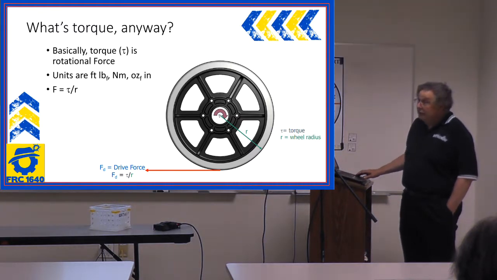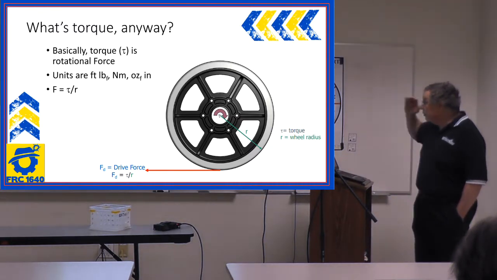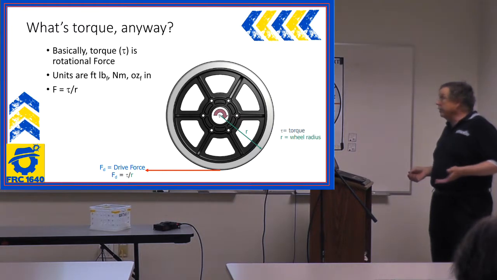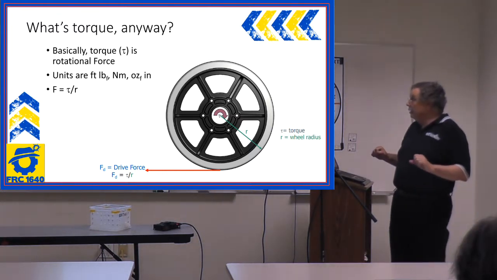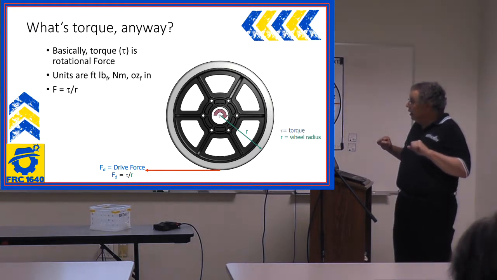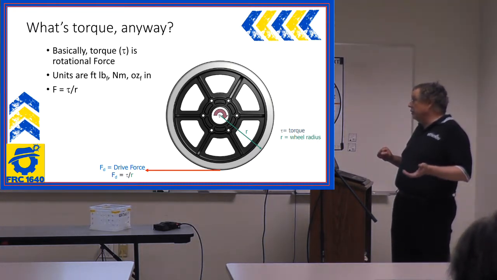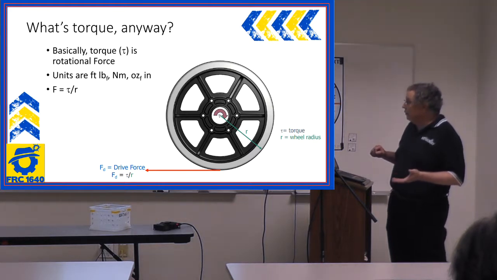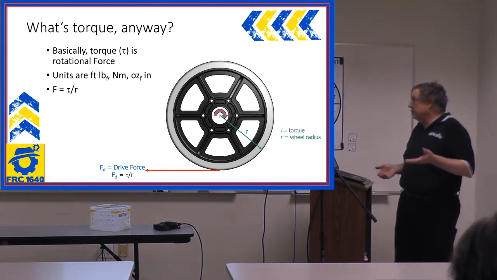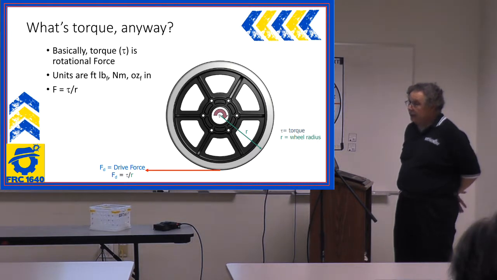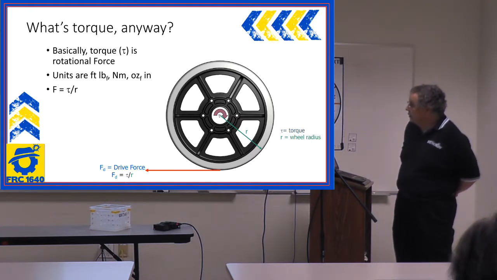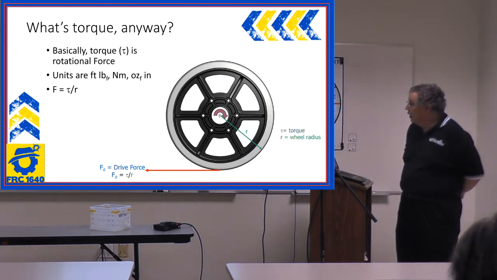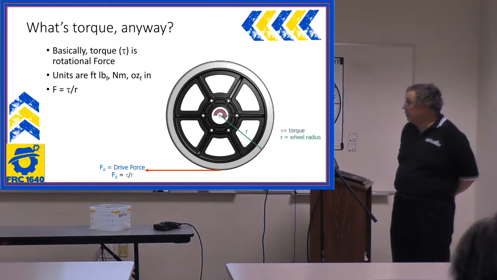What is torque? Because we're talking about torque a lot here. Torque is basically rotational force. We normally talk about using it in foot-pounds, which is the typical English American way of representing it. If you're not using American units, it's in Newton meters. Sometimes we put ounce-inches.